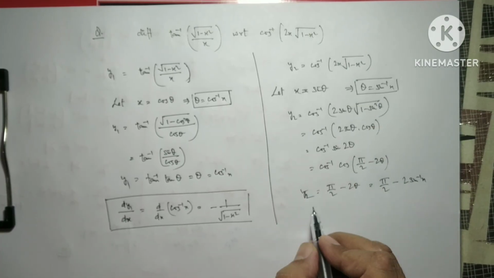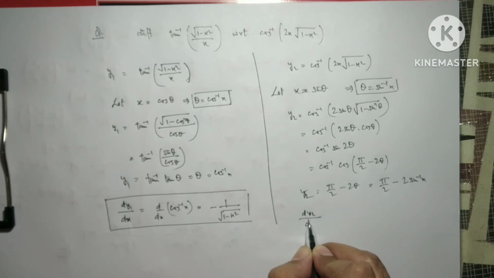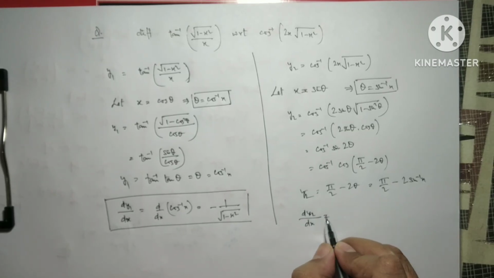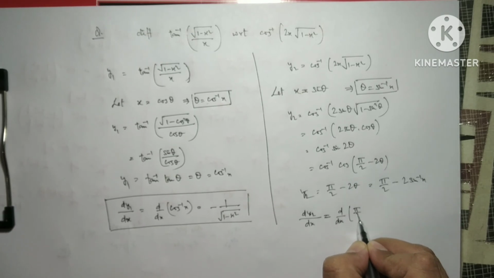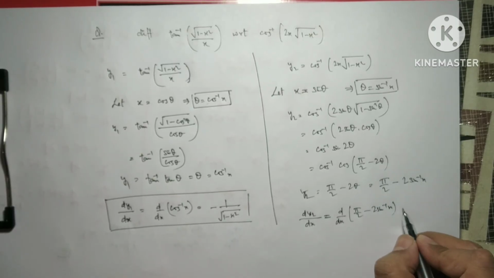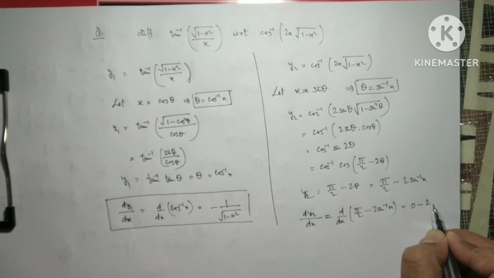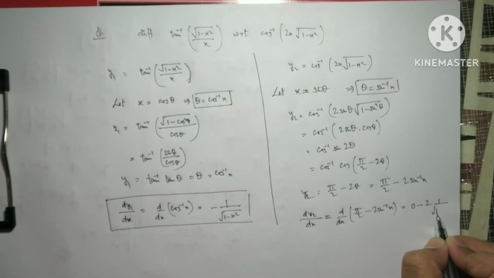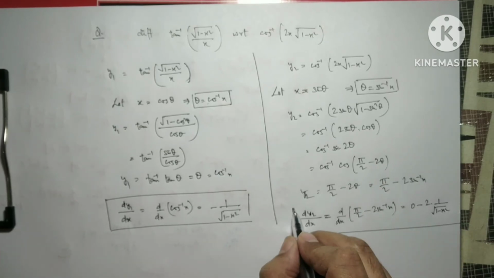So after differentiation of y2 function, second function, with respect to x, we get pi by 2 minus 2 sin inverse x. So as a result this is 0 minus 2, and what about sin inverse x is 1 over under root 1 minus x square, right?